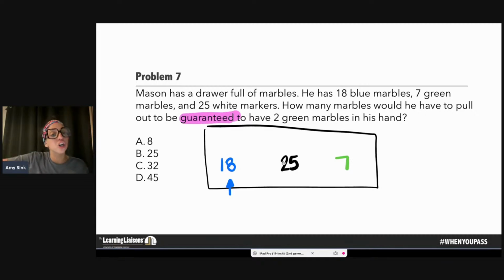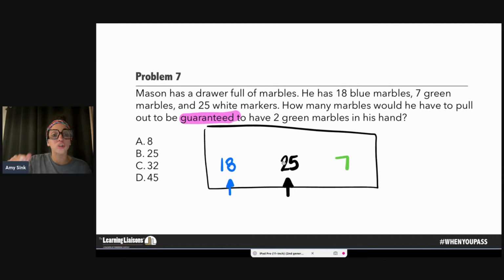So I could pull out all blue marbles first. And then I could pull out all the white marbles first, correct? So if I pull out all the blue and all the white, and I don't have any green marbles in my hand, now there's only green marbles left.